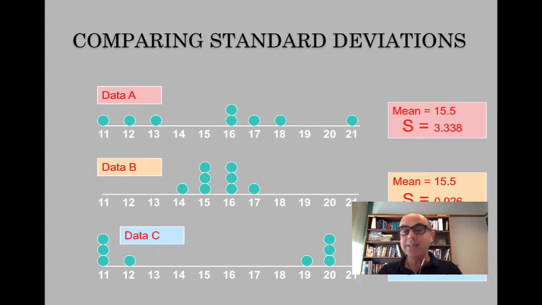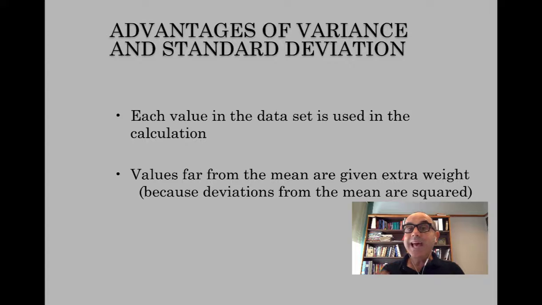So in this case, the standard deviation gives you additional value that the mean does not provide. The advantage of the standard deviation is that each value in the data set is used in the calculation. The values far from the mean are given extra weight.